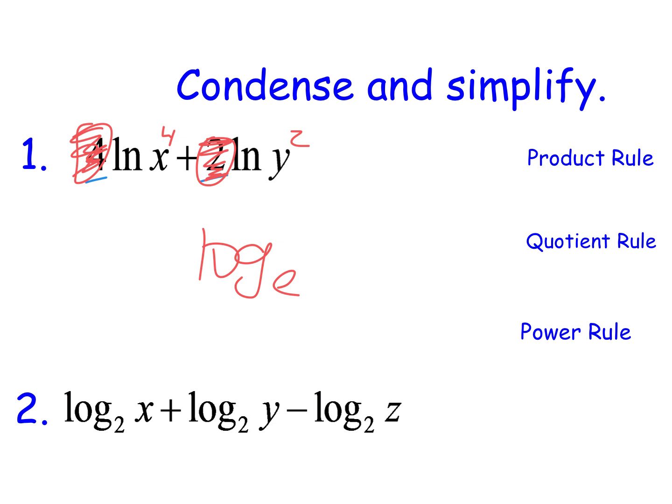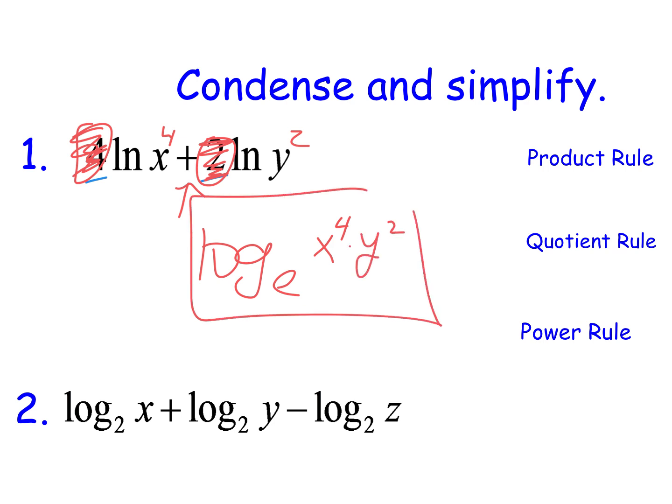So what do you think it is? Log base e of, well, I know I got to use an x to the 4th. The only question is whether I multiply them or divide them. Since this is an add, I am going to multiply them. Done. Who had that before I said it? Cool. You know how to condense a basic log. Get how it's smaller than it used to be? It's 1 log instead of 2. All right. And I'm going to tell you something for this next test that'll come in handy.